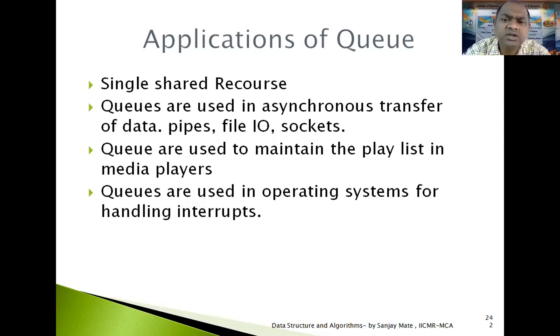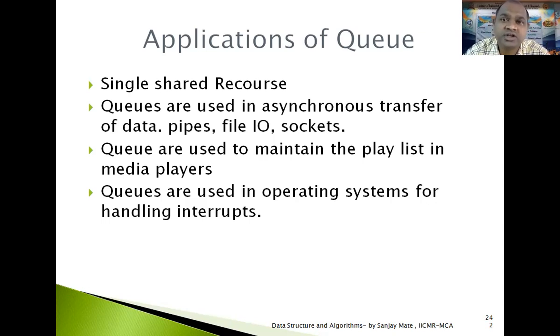That is the single resource. A printer is also a common example in offices. Whenever you give a print, your job or document is in the queue. If someone has given the print first, that print will be given out and then your print will be taken out. Queues are used for asynchronous transfer of data.